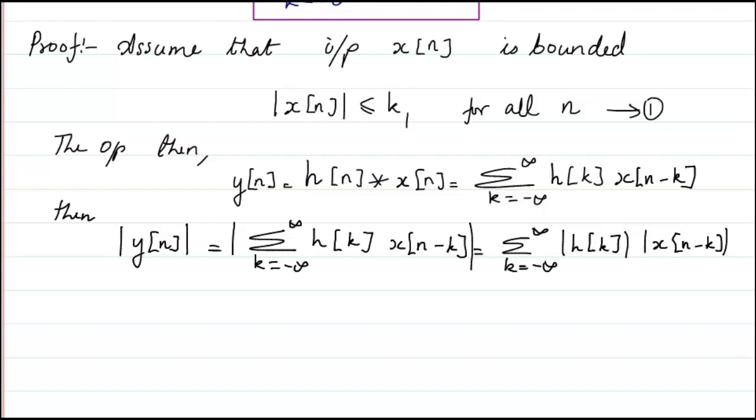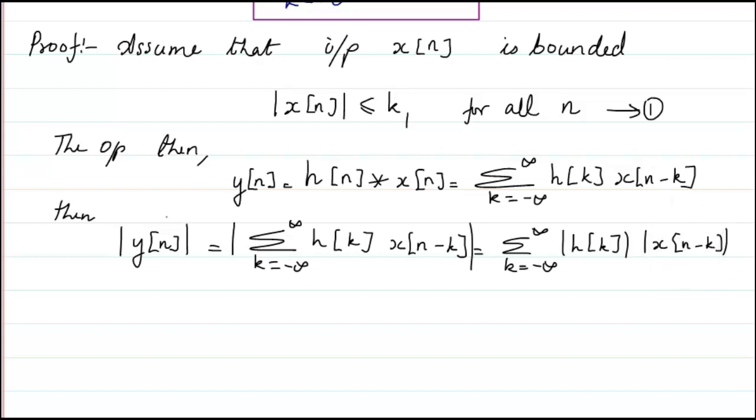But we have already seen that each and every value of x of n will be less than some value k1. That means no value of x of n for any value of n will be greater than k1. So the absolute value of y of n, which is the summation of the multiplication of these, out of which this value will never be greater than k1.